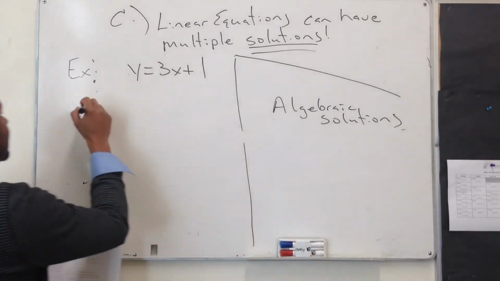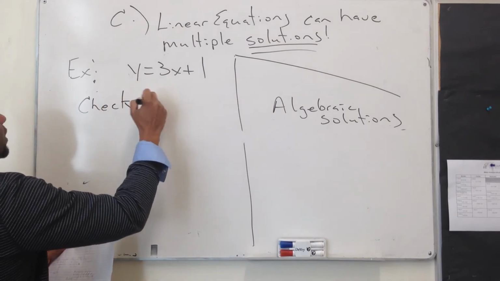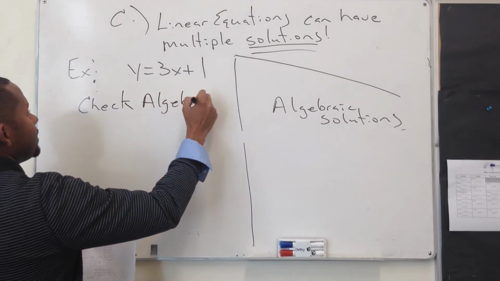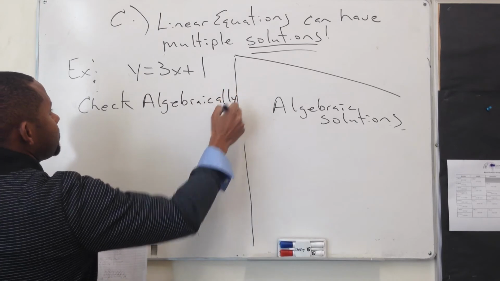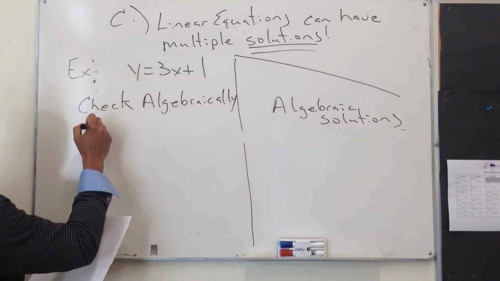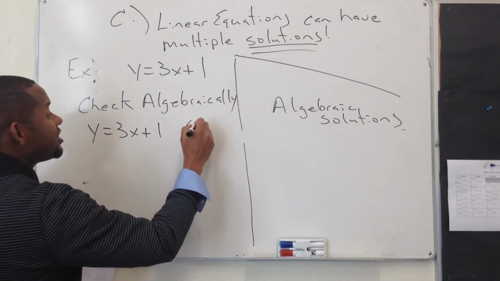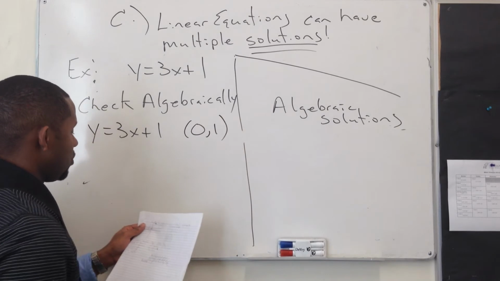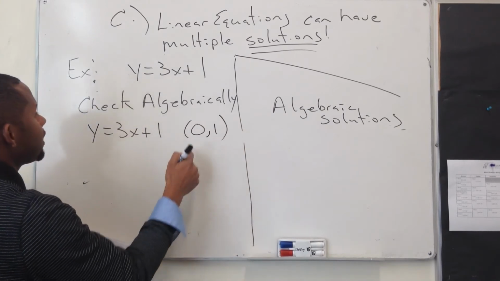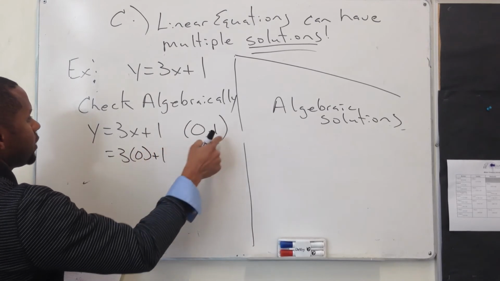I can actually check. And again, you're still writing down your paper. I can check algebraically. So I said, okay, I had that point 0, 1. So let me do this. Y equals 3x plus 1. And I'm going to check that point 0, 1. So I'm just going to plug in. X is 0. So 3 times 0 plus 1.